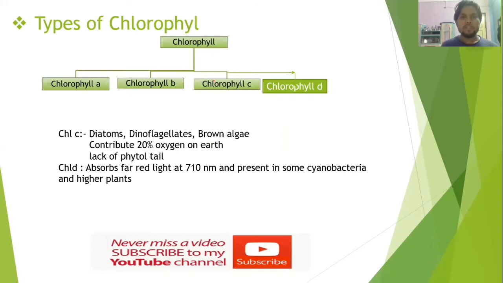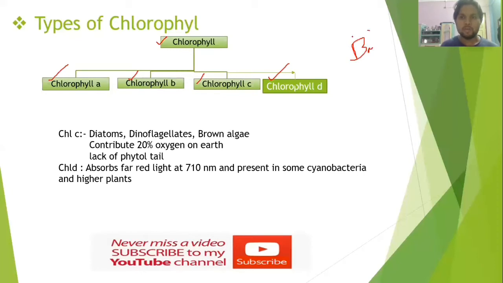So now we'll see the types of chlorophyll. We have chlorophyll A, chlorophyll B, chlorophyll C, and chlorophyll D. And we have different types of chlorophyll as well, like bacteriochlorophyll.